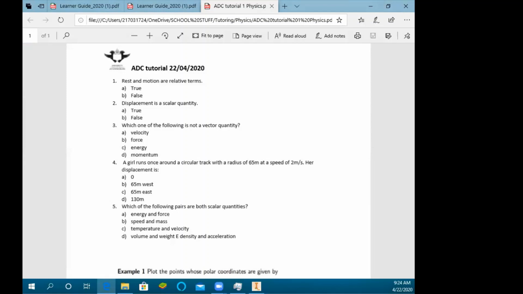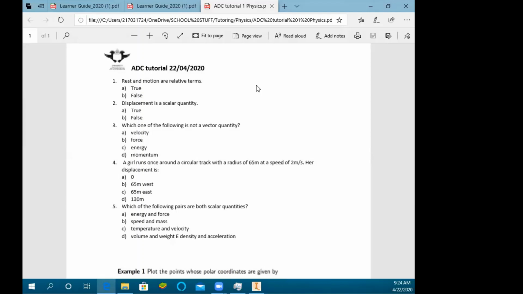Okay, continue. The first question: rest and motion are relative. That's true or false? It's true. Why? They say an object at rest and an object in motion are both relative terms. The reason is, let me give you an example.